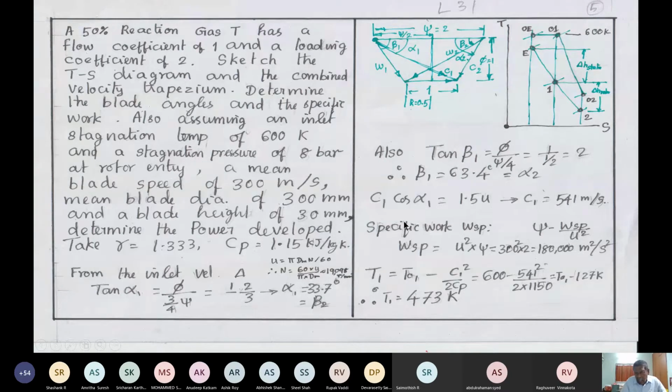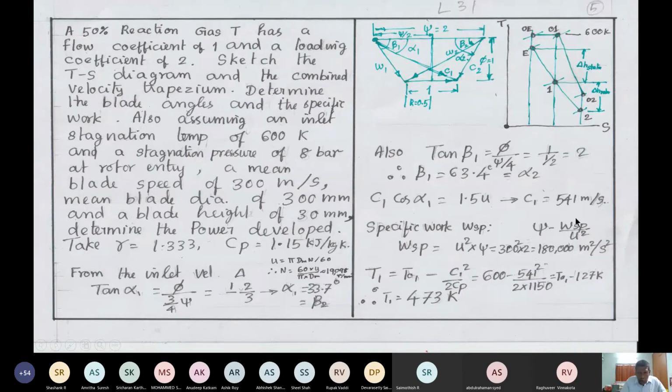Then you can calculate the magnitude of the absolute inlet velocity. That is equal to 1.5 U, which comes to 541 meters per second.